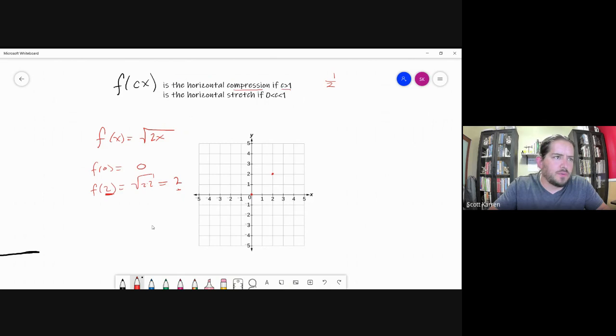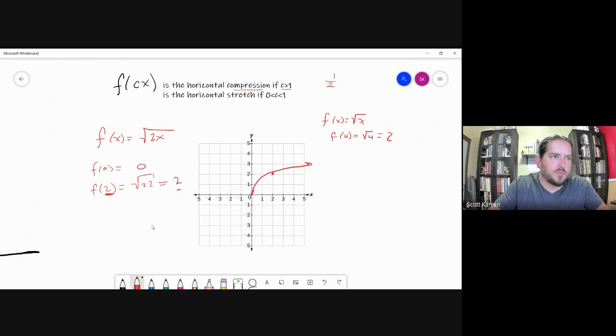And so I end up with a square root function that looks like this. But normally, if I'm looking at f of x being the square root of x, then I have f of 4 is the square root of 4, which is 2.